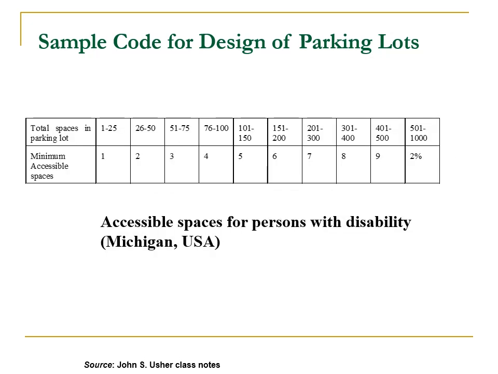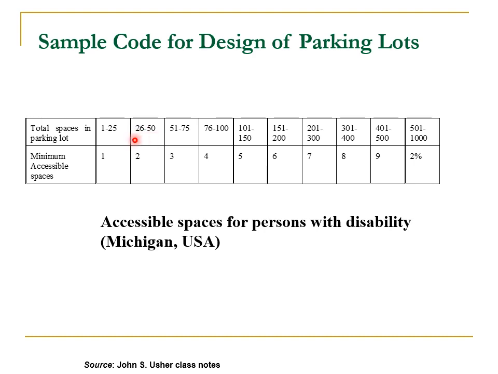This is another example for allocating space for people with disabilities, and it says that, for example, if the total space in the parking lot is between 1 to 25, then you need to allocate at least one parking space for a disabled person.